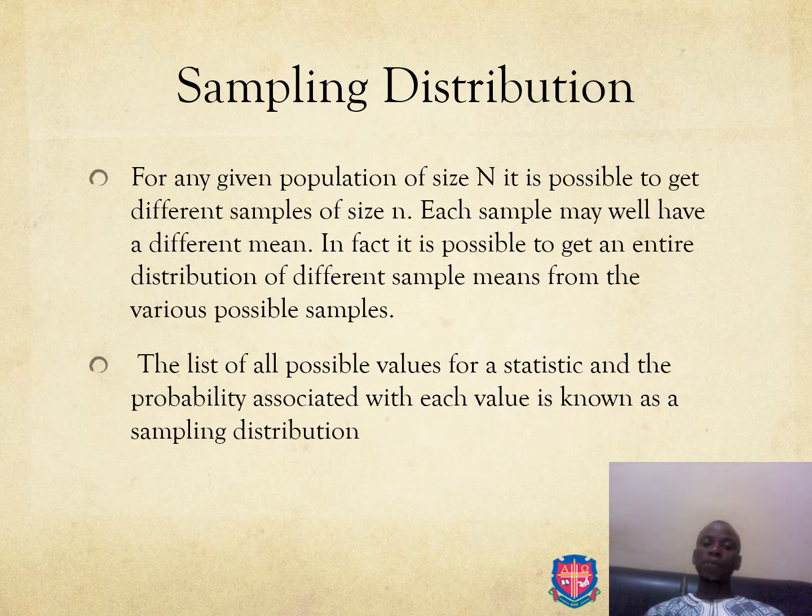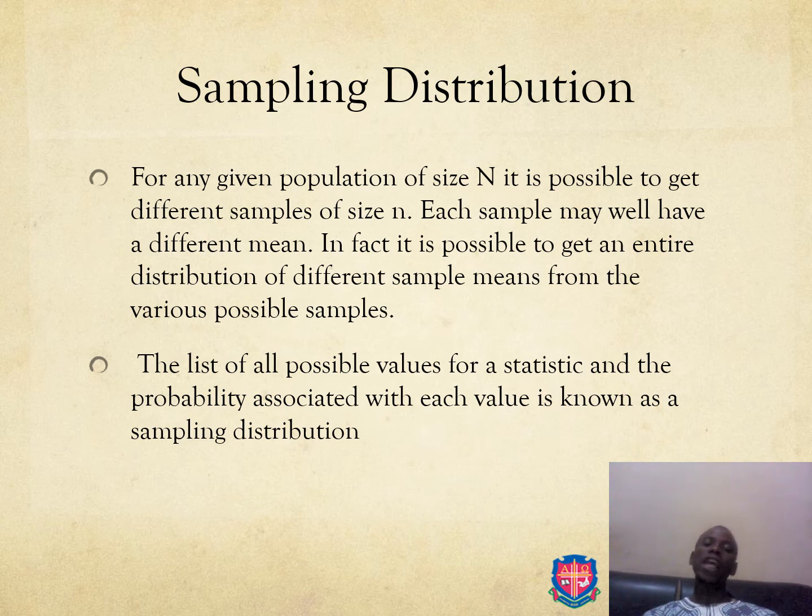In fact, it's possible to get an entire distribution of different sample means from the various possible samples. Actually, it's harder for them to produce the same mean. It's much harder than it is possible to get the same mean.